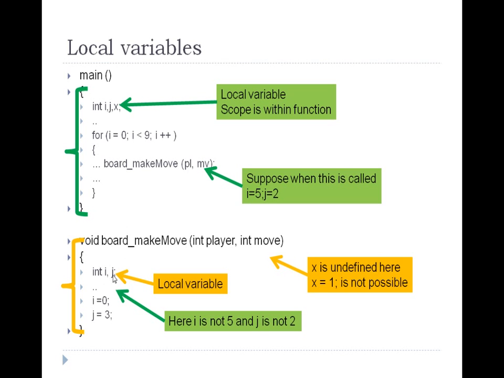This IJ is local to this board make move. Although the names are same, this IJ is different from this IJ. When we assign I is equal to 0 and J is equal to 3, the assignment is for this particular IJ. There is no effect on the IJ of the main. So this is how local variables work.